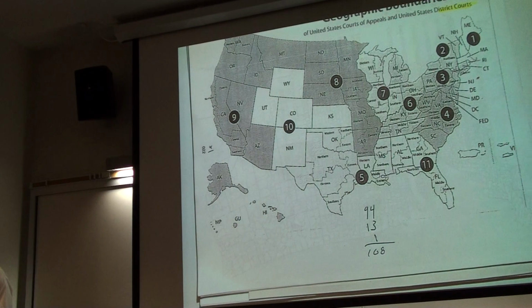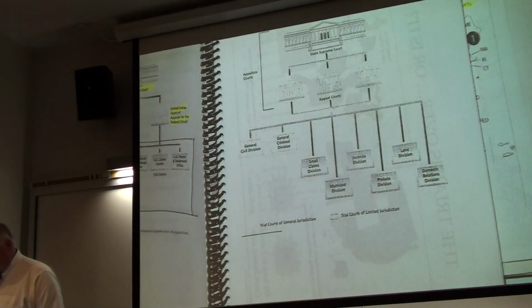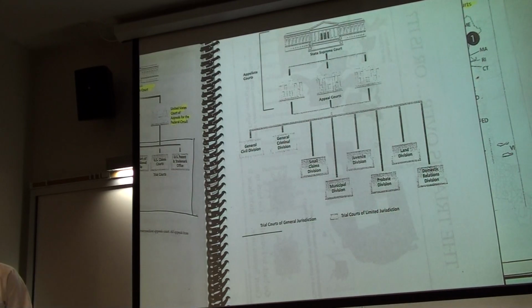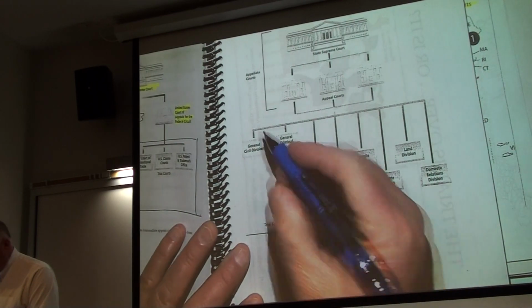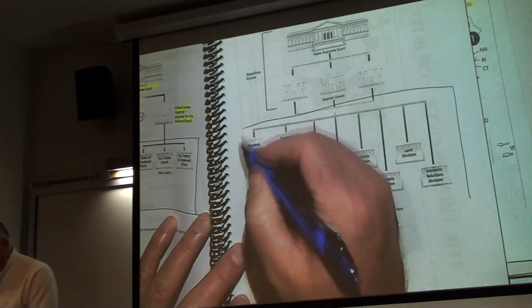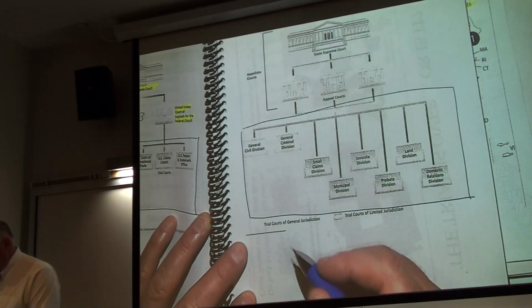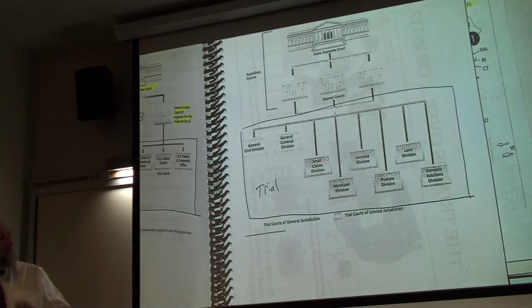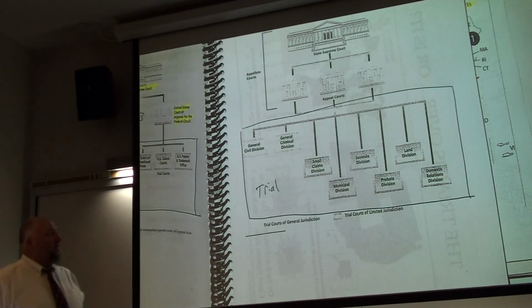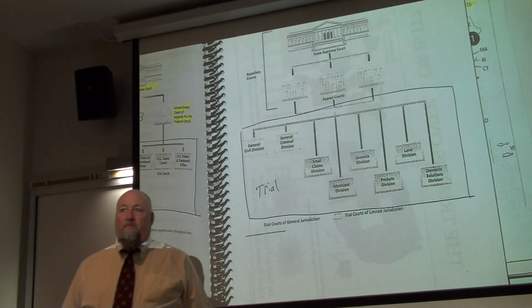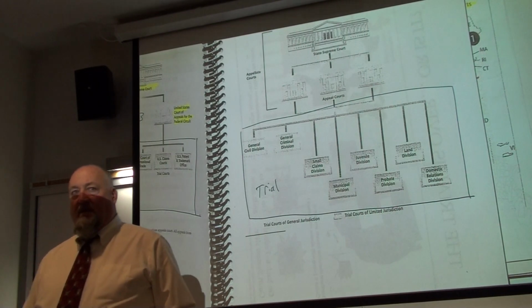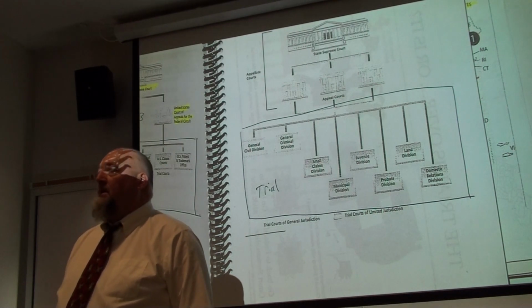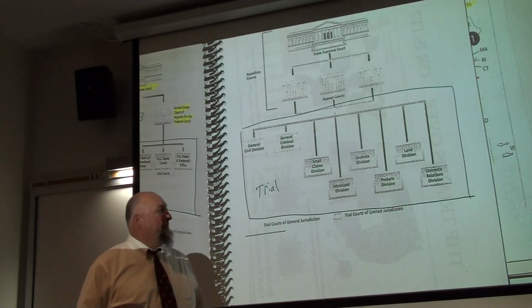Okay, at the state court level, this is on page 39. Again, we have the trial courts, and this will depend, each state has their own various court systems and how they establish things, and I'll show you how Oregon works here in a minute.